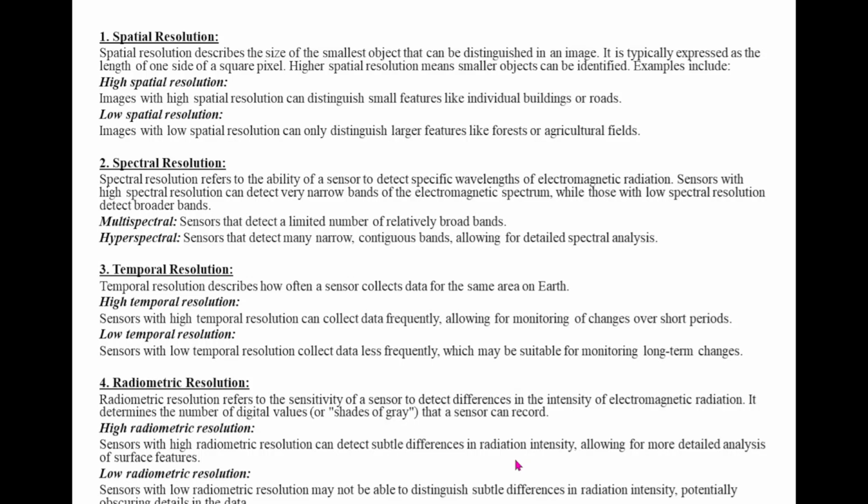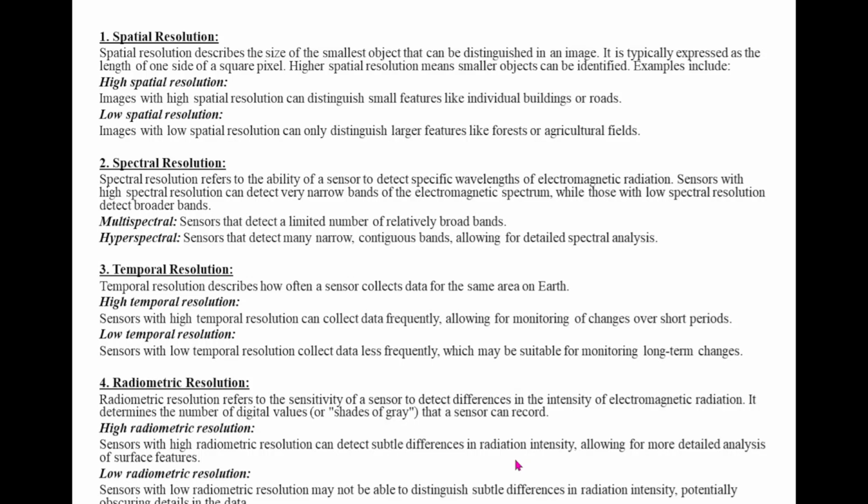Then temporal resolution. High temporal resolution will help you understand the growth stages of vegetation. Low temporal resolution, maybe land cover you can study, not seasonal change, but yeah, seasonal also you can study. High temporal resolution, maybe every day a particular sensor takes a picture of the same part of the planet.